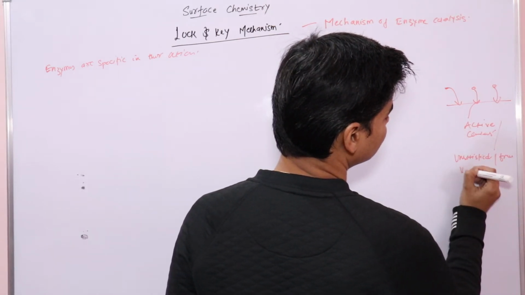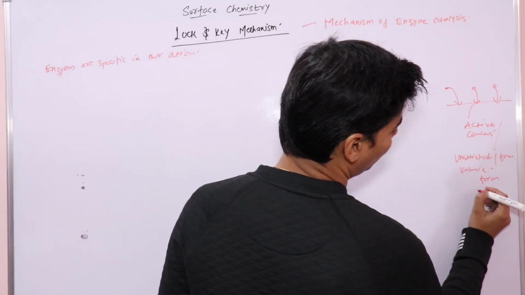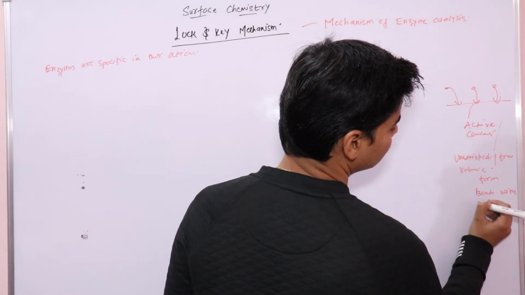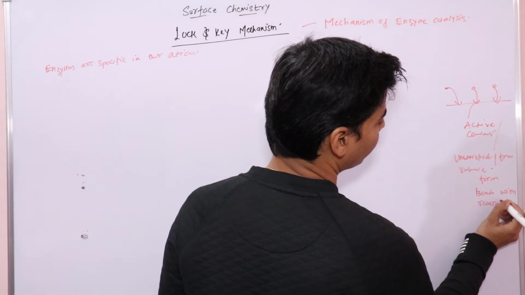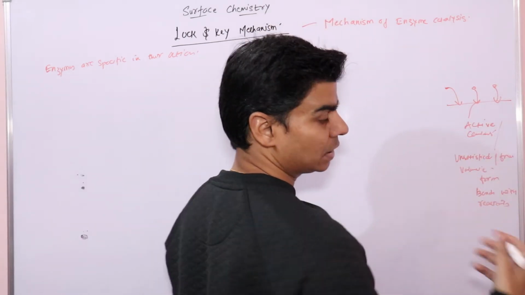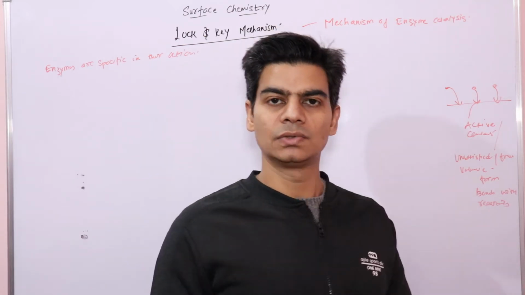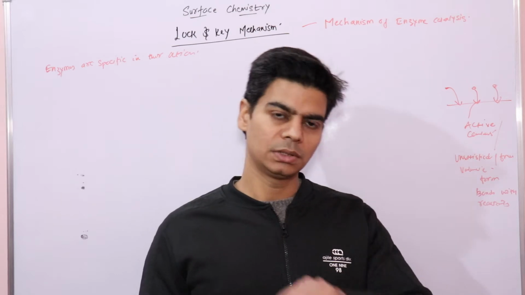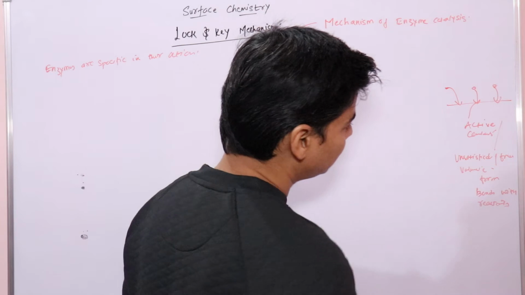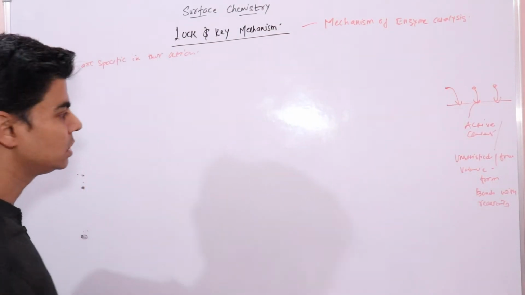These free valencies will form bonds with reactants. This is the surface of the catalyst; it has active centers which are unsatisfied valencies, so it will quickly form bonds with the reactant molecules it finds around it. A similar thing we'll see in the case of enzymes, which are biological catalysts.